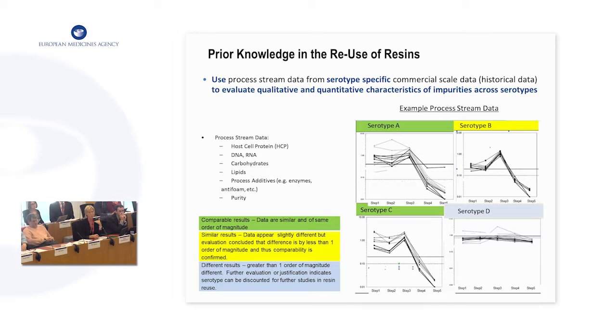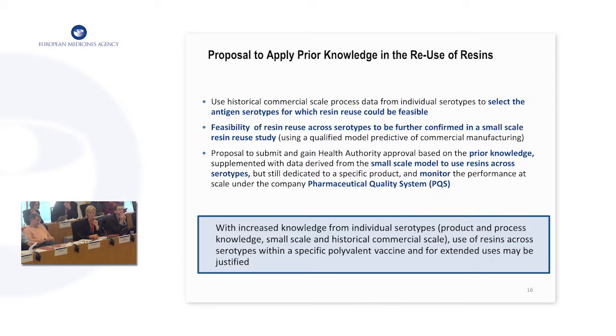For the different impurities, we have started to analyze those impurity profiles based on statistical criteria to analyze the comparability. Based on that, we will be evaluating the serotypes for which we believe we can recycle the resins.